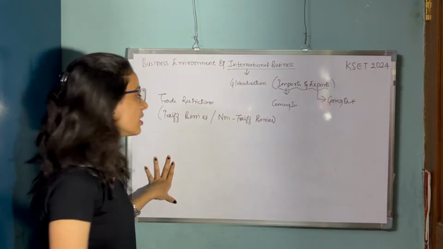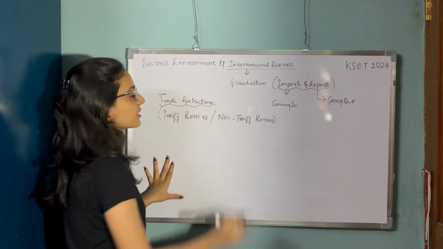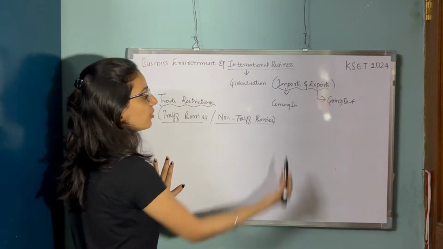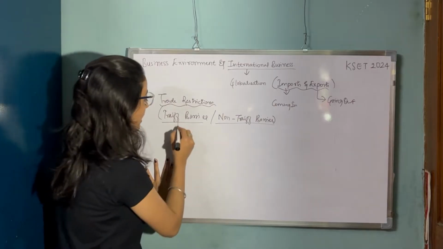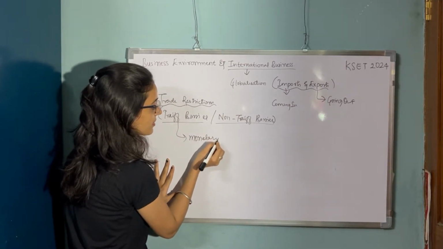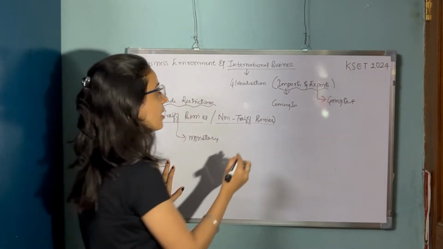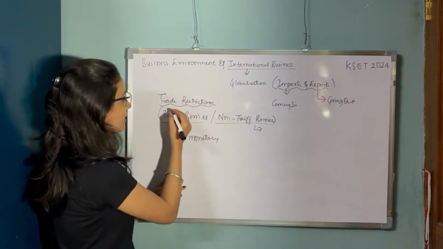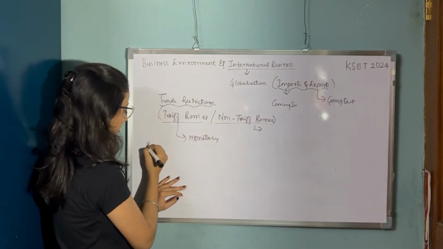Some obstacles. So it's a trade restriction. There are two types of trade restriction, that is tariff barriers or non-tariff barriers. Tariff barriers is something which requires monetary value, a trade restriction on monetary terms, whereas non-tariff is not related to monetary terms. So let us look into first tariff barriers.